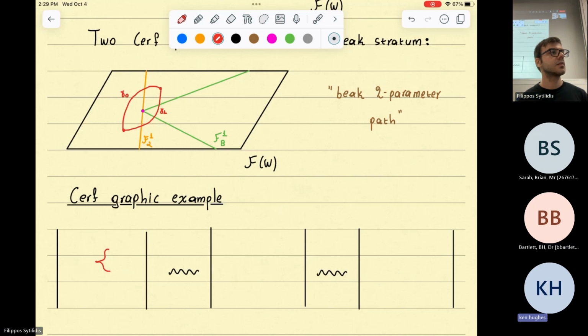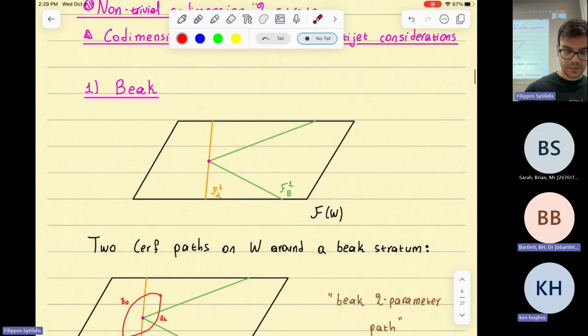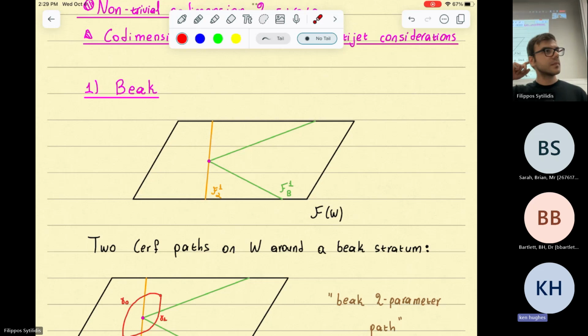It would be nice if I could make precise what that picture means in terms of the situation. Which picture are you saying? This one? Yeah, that one. Given that I'm at the intersection, so given that I'm at the dimension two strata point, how do I determine which these ones are?